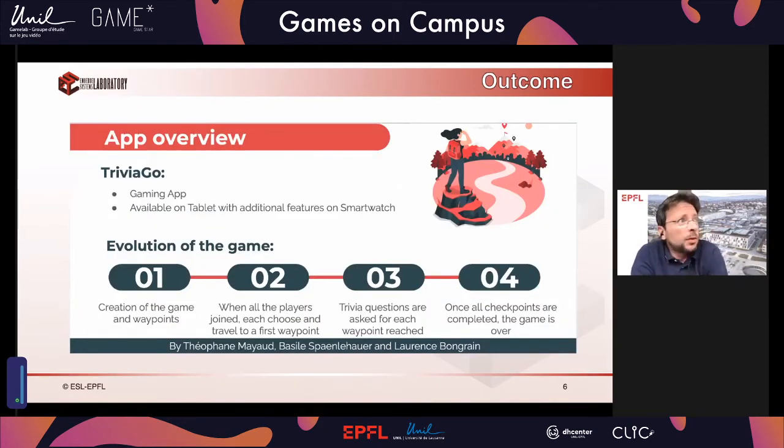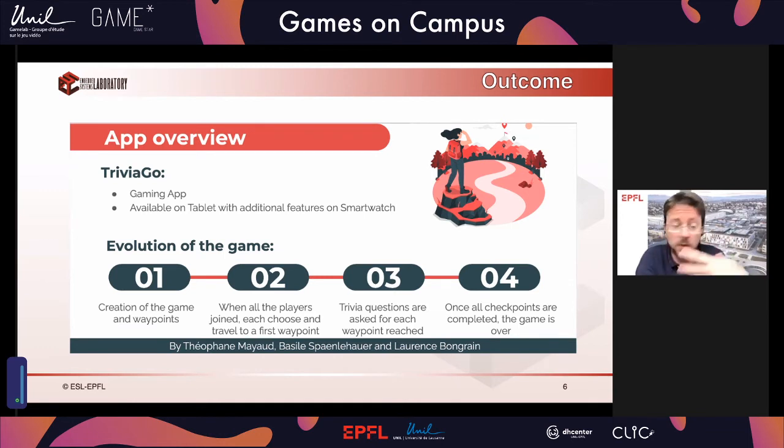Just to give you an example of an application that students came up with, here is the Trivia Go app, which was developed by Théophane, Basile, and Lawrence last year. It's a collaborative and geo-based game in which there is a game master, who creates a game by placing different waypoints on the map and placing questions on the waypoints.